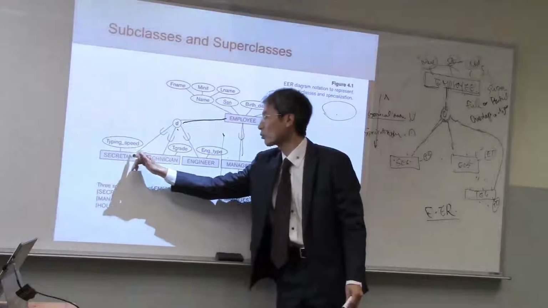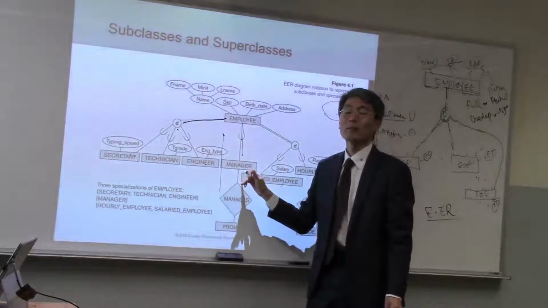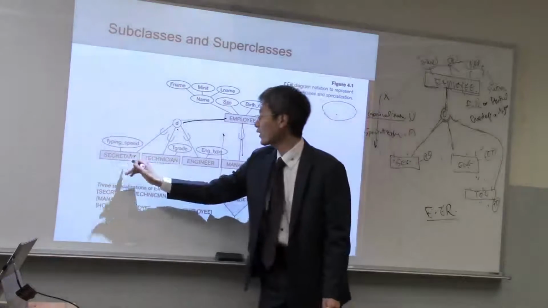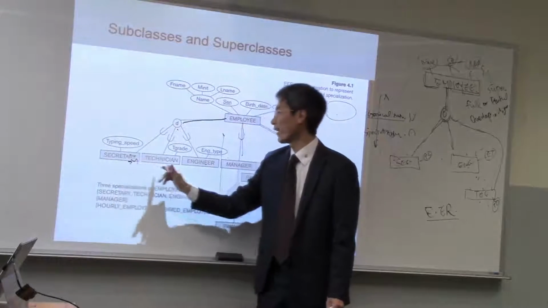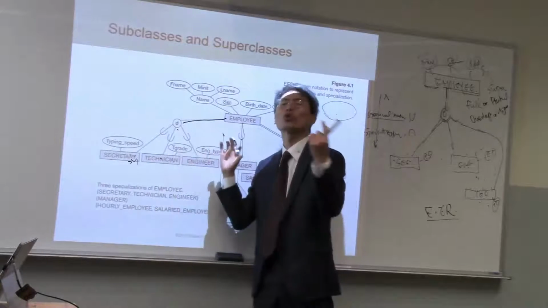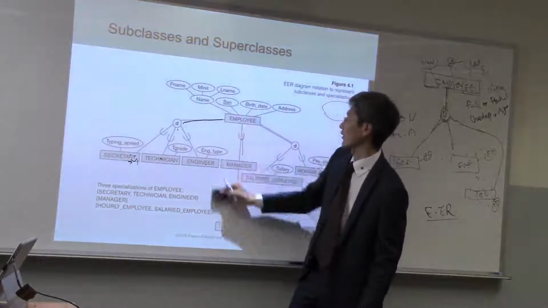This is case 1, case 2, case 3, but this is not case 4. It may be possible if we really want to combine secretary plus manager, secretary only, and technician plus manager, technician only. But it's too complicated, right? So that is the reason we classify it this way.